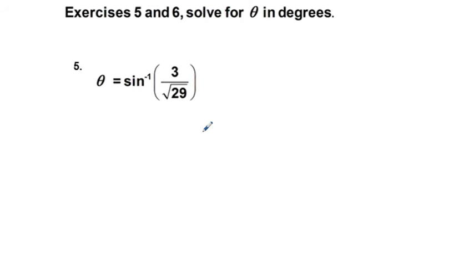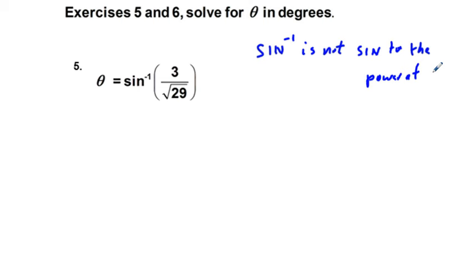Next is problem 5, we have theta equals sine negative 1 of 3 over square root of 29. Well, sine to the negative 1 is not sine to the power of negative 1. What that does, that's an inverse.